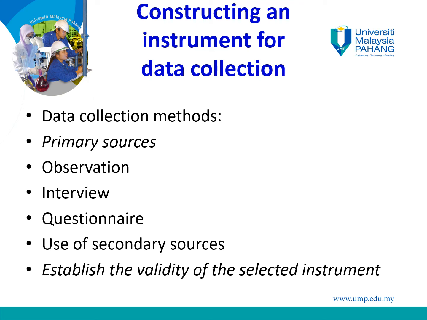Some research also uses data collection methods based on the literature review, which we call primary sources. Then there is observation, which is more for qualitative study. Interview is also more for qualitative study. Some researchers also use questionnaires, which is for quantitative study.